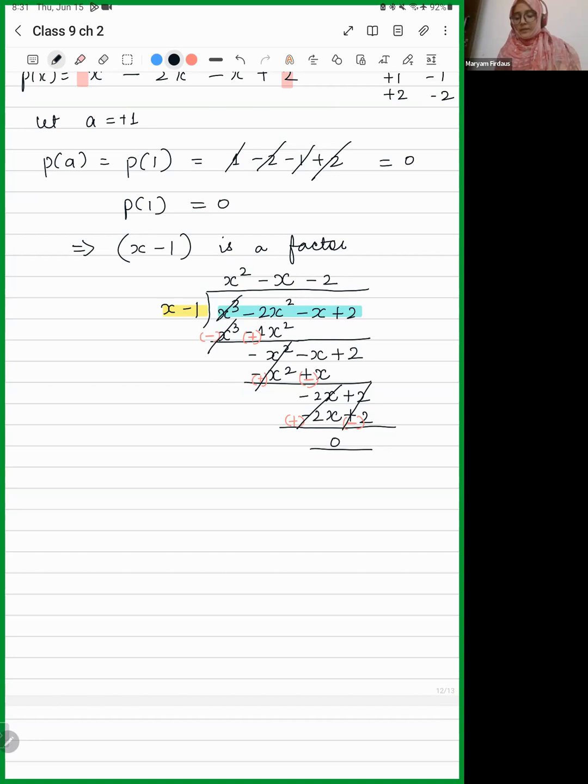Please write this down in your notebook as well. P of x equals x minus 1 multiplied by x squared minus x minus 2.